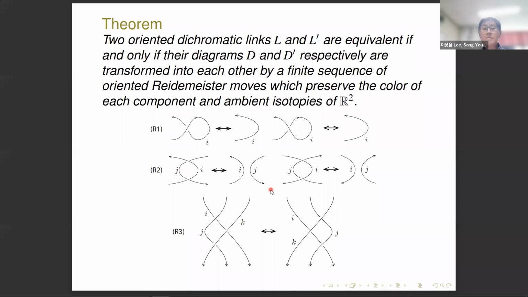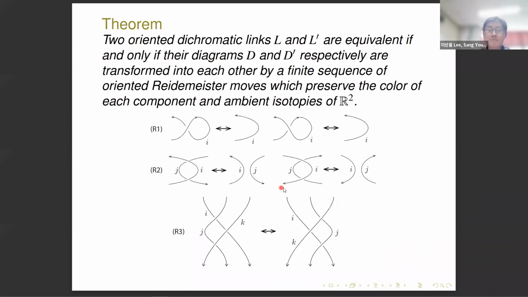The oriented Reidemeister moves are type 1, type 2, and type 3. Okay, so in these moves, we put orientations on each string, and also each string has a label, i or j, meaning 1 or 2.